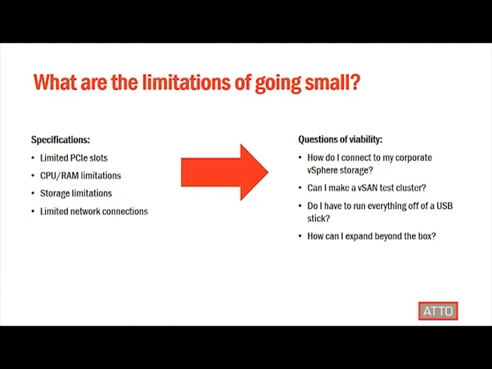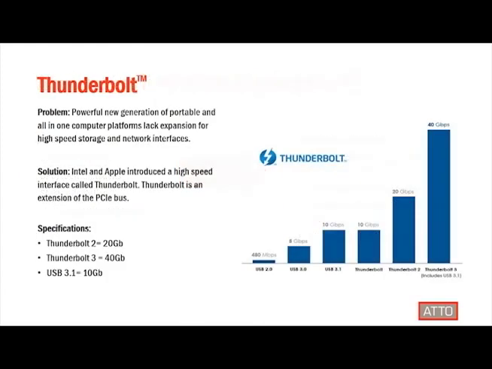If I'm going to burn my internal drive to run ESX on, what are my options for additional storage, or do I just have to install onto a USB stick and run my data off of that internal drive? How can I expand behind the box? And up until now, there weren't that many options for that. But then along came Thunderbolt, and back to Megan.